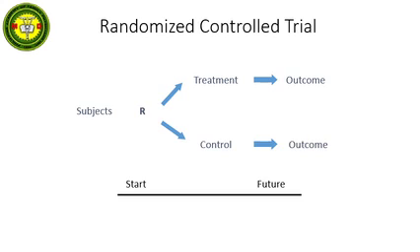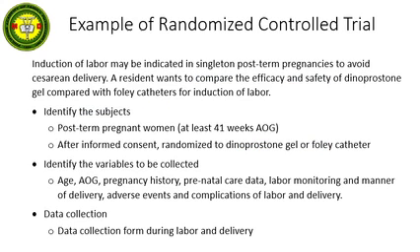Case control and cohort studies are study designs used to establish risk factors or prognostic factors. So this one is for effectiveness of intervention, the randomized controlled trial. So here's an example of a randomized controlled trial. Again, an OB-gynecology example, induction of labor.